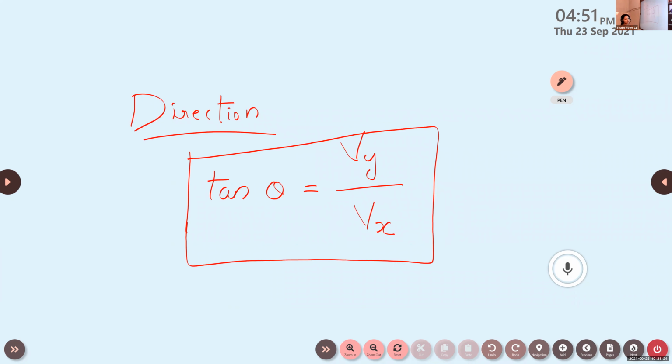And the direction of a moving object can be calculated: if the velocity vector is given, tan theta is equal to Vy by Vx, the component along the y-axis to the component along the x-axis.